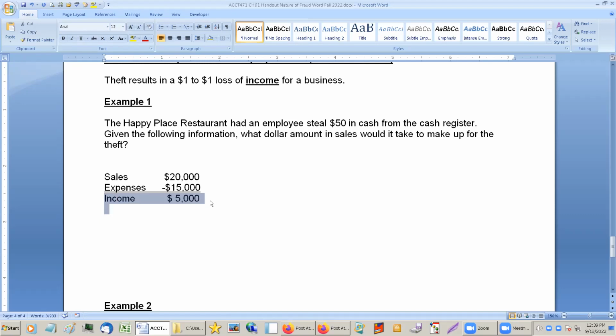So income divided by sales. So 5,000 divided by 20,000 is 0.25.